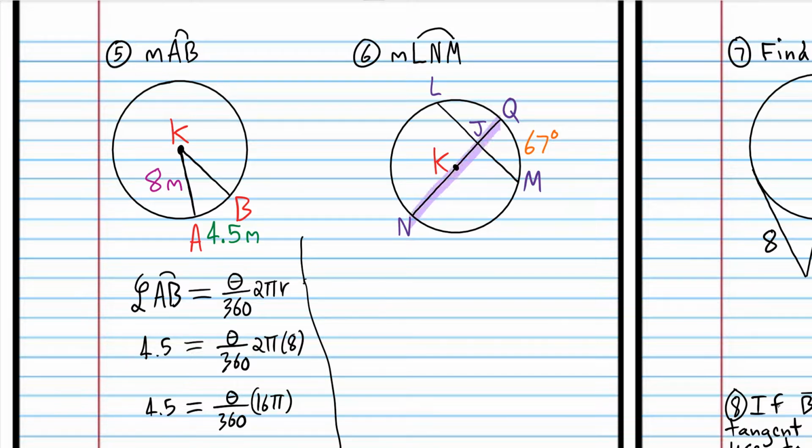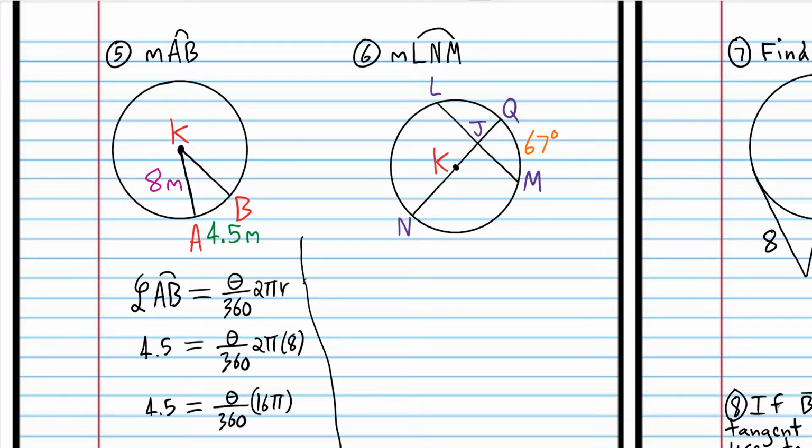Again, if a diameter is perpendicular to a chord, then the diameter bisects the chord and its arc. So what that means is that this arc will be congruent to this arc, or not congruent, but they'll have the same measure, and this segment will be congruent to this segment.